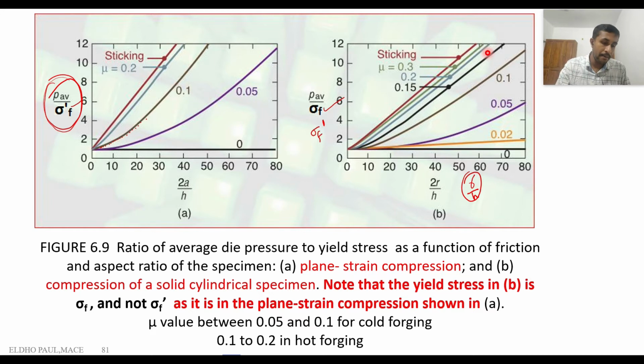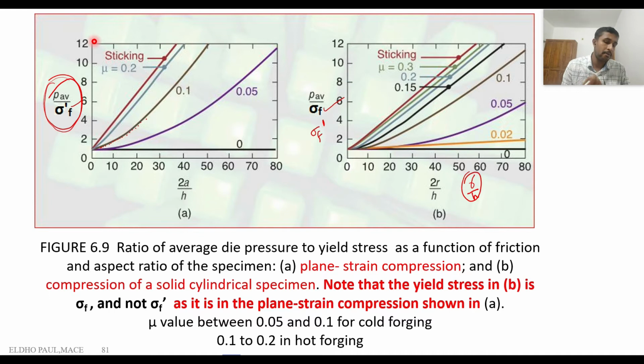But when we compare these two, for example, for mu value 0.1, we got almost 7 P average by sigma F. But here for 0.1, we can see almost 12, greater than 12 we got.